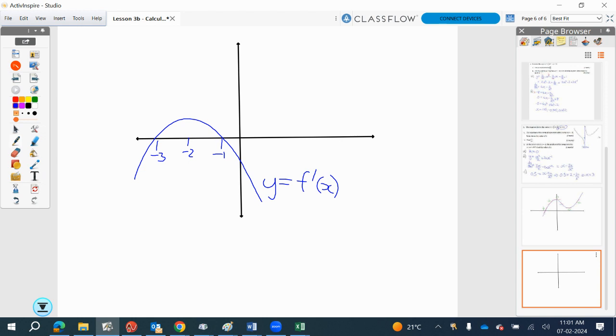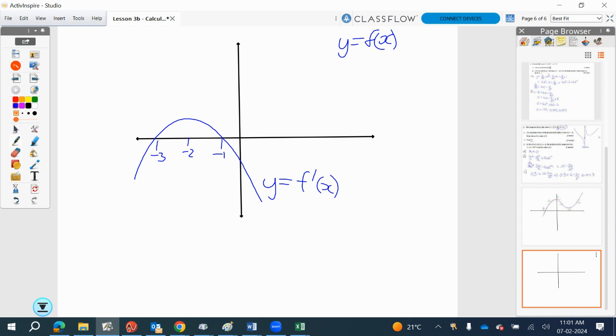No. This is not the graph of the function. You don't see the function. You're looking at the derivative. When is the function y equals f of x, which isn't drawn, when is this function rising? What's the interval? From negative 3 to negative 1.